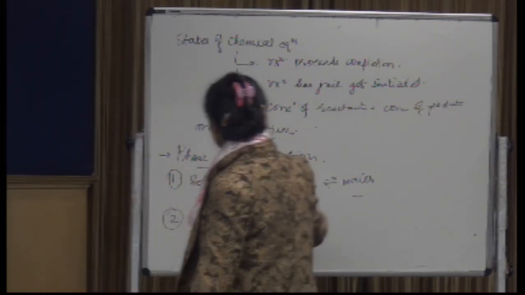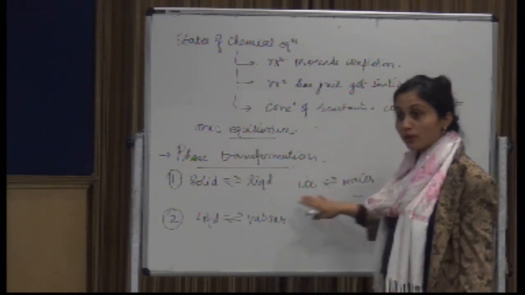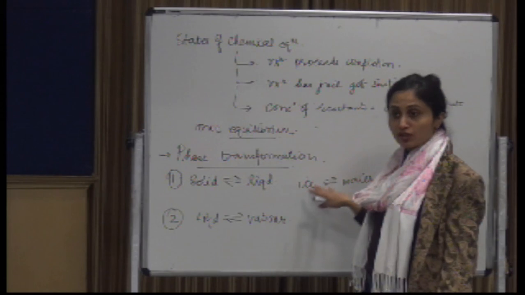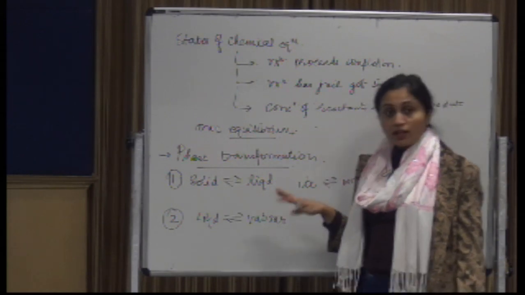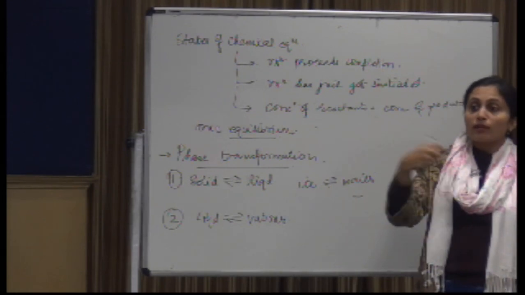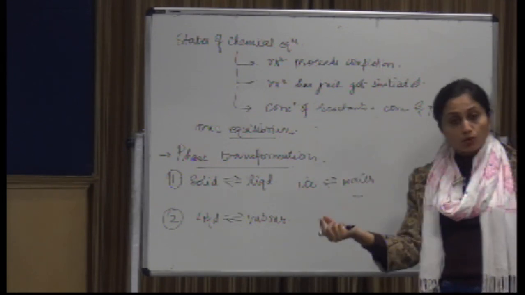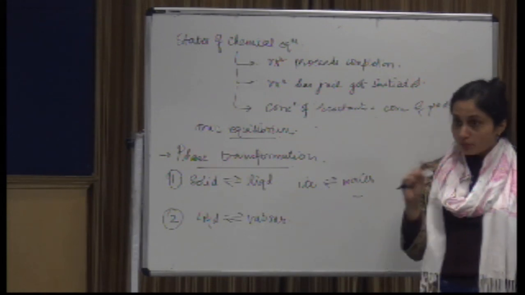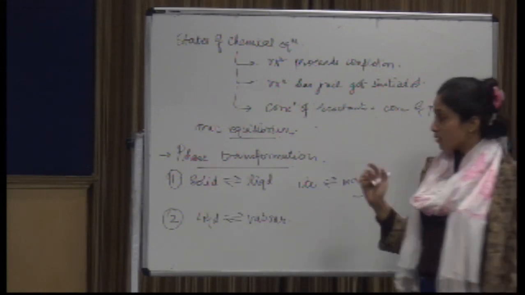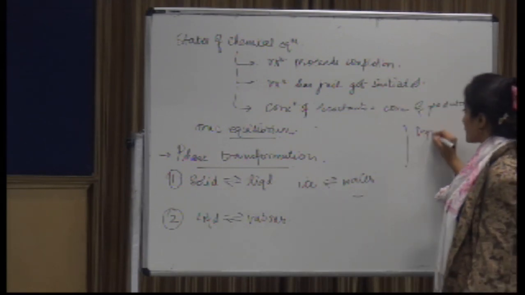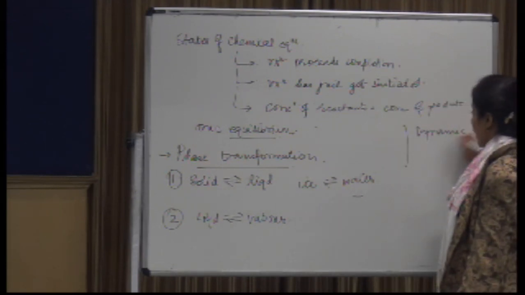Now what I want to state here is that when your ice is in equilibrium with water, that is the state where you will say there will be no further change in the composition, but your water molecules will keep sticking to the ice, and other molecules of water may be coming out of ice to go into the liquid state. You getting that point? This means that what we are talking about throughout in chemical equilibrium, it's a state of dynamic equilibrium.